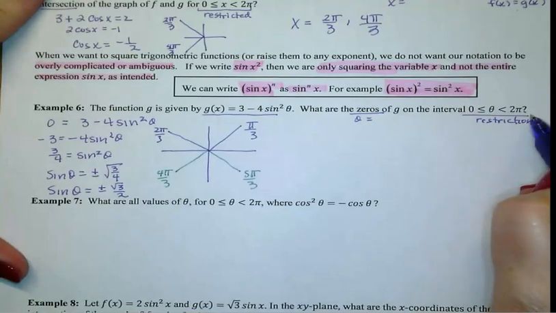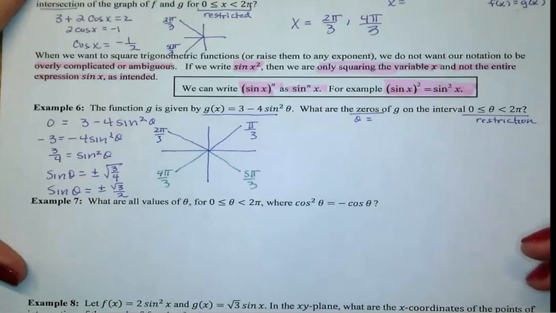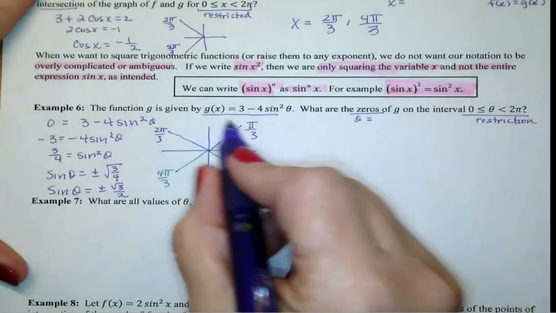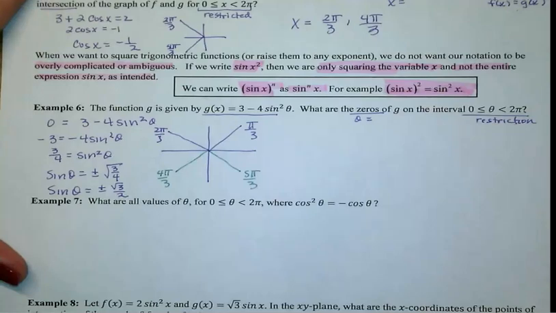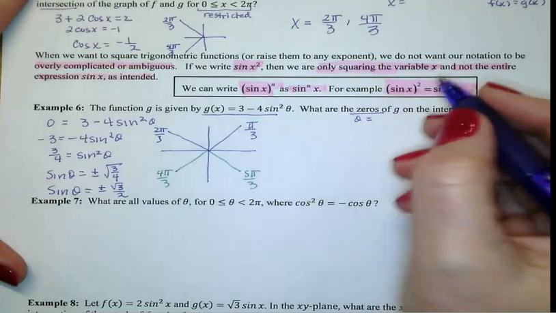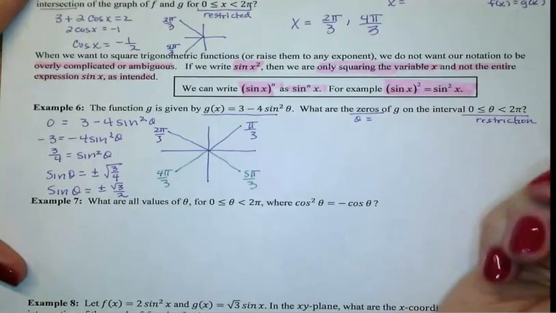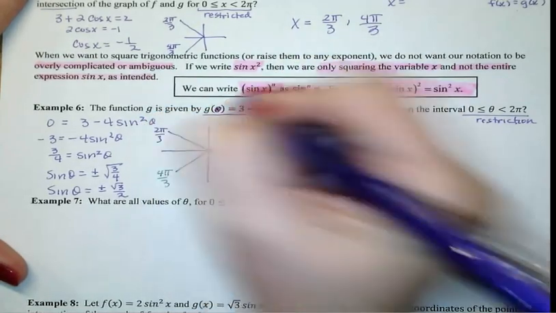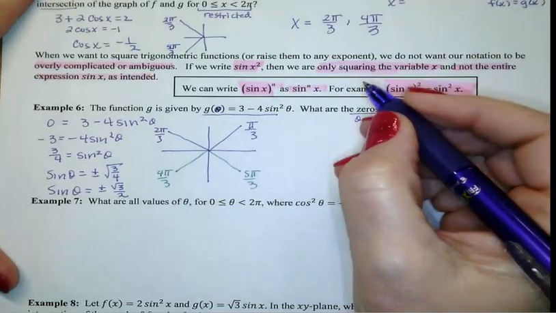Since we have a restricted area that we're looking for solutions, our answers are going to look like a list. So that means our variable that we're using in our problem is theta. And that should probably say g of theta here as well, so we can make that note. So everything should all be lined up.